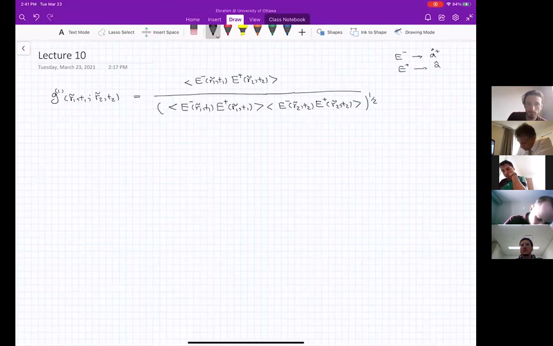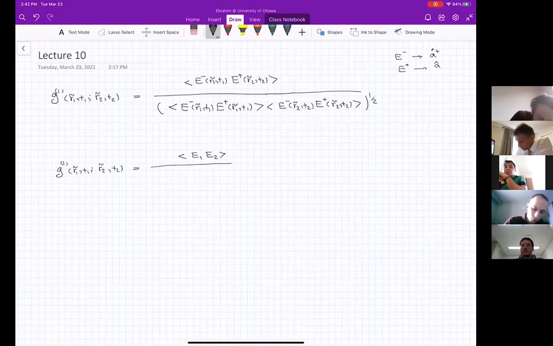So if you want to find the correlation function between the two fields, R1, T1, and R2, T2, you can easily write that this is given by E1 star E2, in a short notation, divided by the square root of E1 star E1 times E2 star E2.